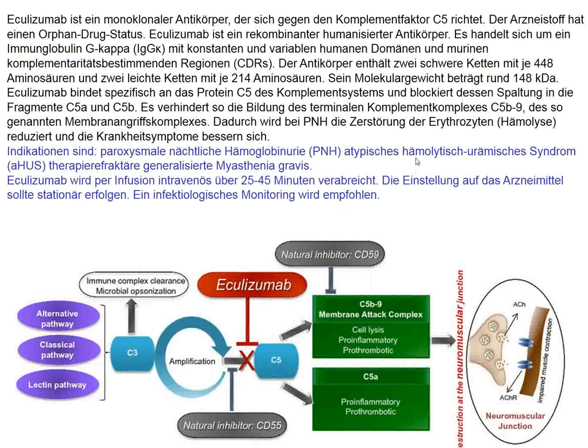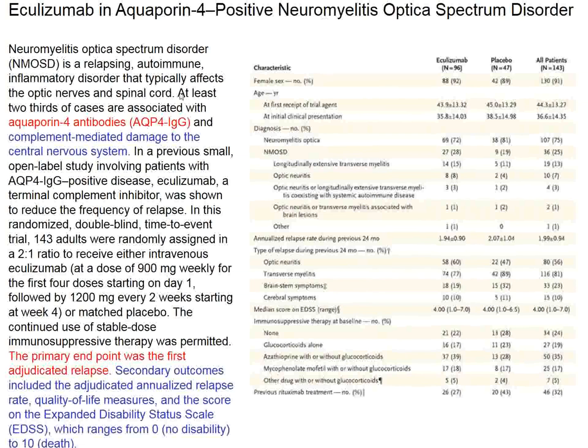And this antibody is also given to people that have atypical hemolytic uremic syndrome, where it seems to have a salubrious effect. But it's also given to patients with therapy refractory myasthenia gravis. So this disease, neuromyelitis optica, has some elements that are somewhat reminiscent of myasthenia gravis, which is also an autoimmune disease.